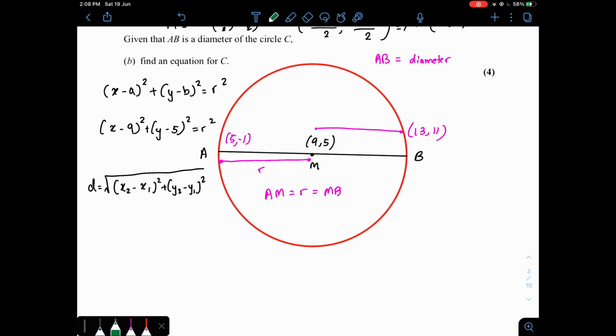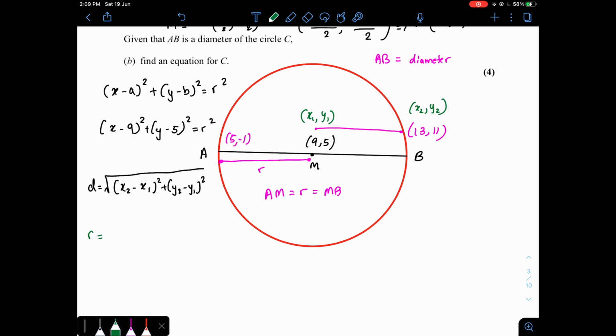So this would be our x1, y1, and this would be our x2 and y2. So let's rewrite the distance and write the radius, because that's the real distance between M and B.